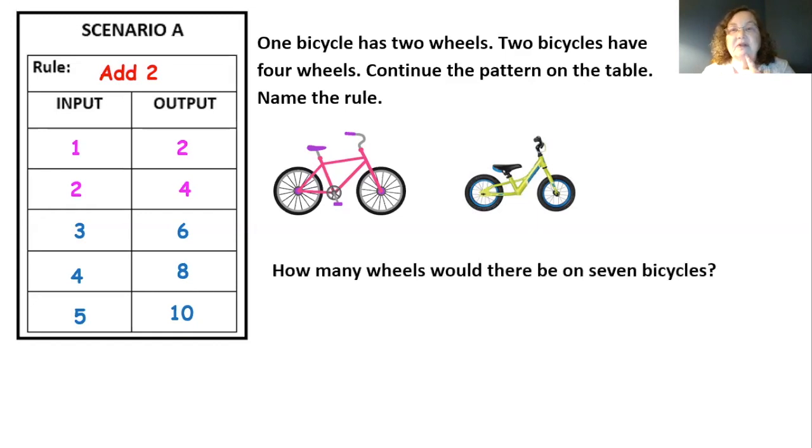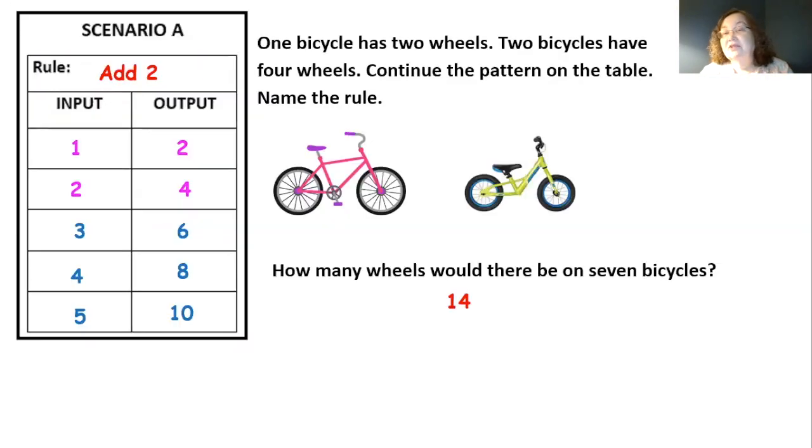So now the question is, how many wheels would there be on 7 bicycles? Can you think? What would be a strategy to use to figure out 7 bicycles? 14.